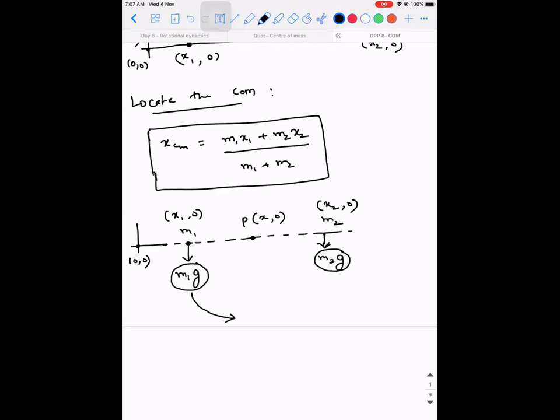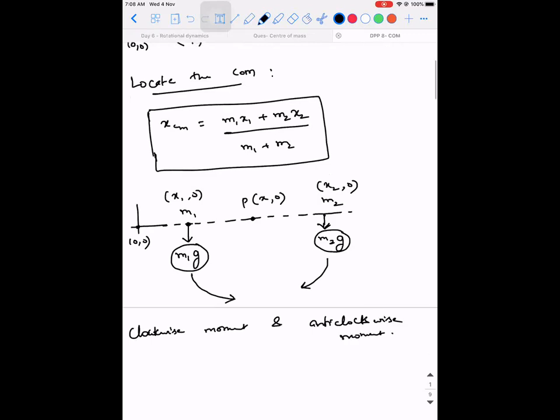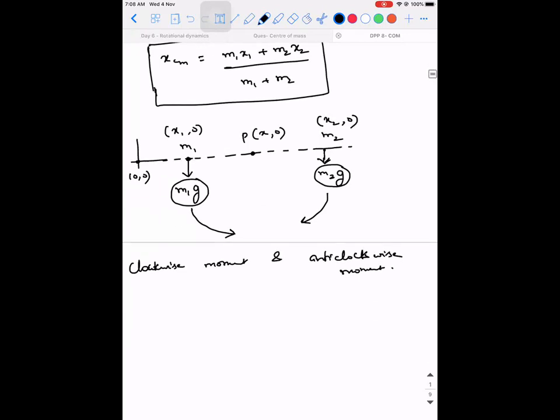Clockwise. So there will be a clockwise moment and an anti-clockwise moment. What is the clockwise moment that is going to act? That is M2g into perpendicular distance. We know that moment is force into perpendicular distance from the axis of rotation.